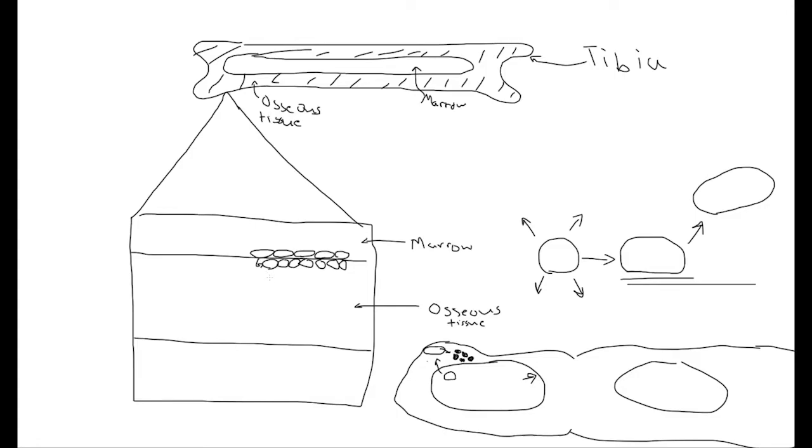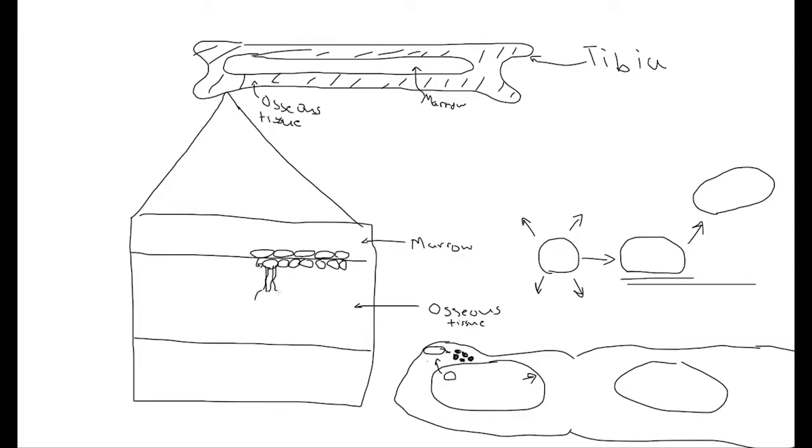So below it, I'll draw even more cells. Something worth noting about these cells, not differentiated yet. So these cells over here are the ones that produce extracellular matrix. They have these processes that allow them to connect with the cells that they differentiate into, so the cells that are trapped in this extracellular matrix.